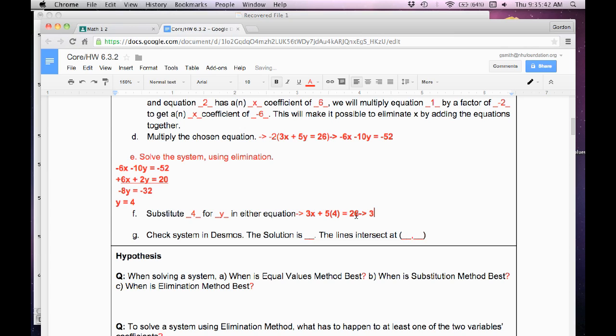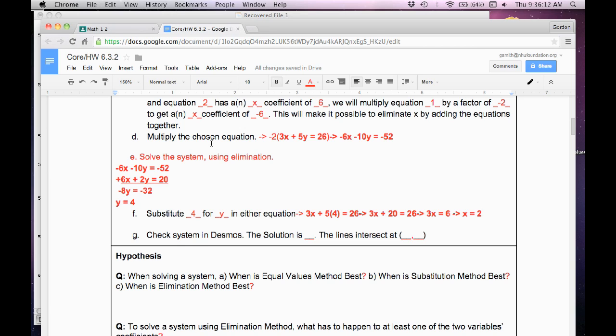So it becomes 3x plus 5 times 4, which is 20, is equal to 26. Now I'll subtract 20 from both sides. I'll get 3x is equal to 26 take away 20, which is 6. So therefore, when I divide by 3 on both sides, I get x is equal to 2. So I should get a solution of 2 for x and 4 for y.